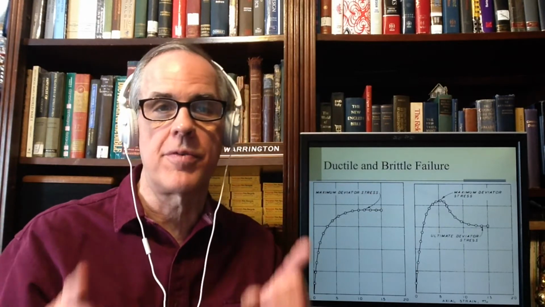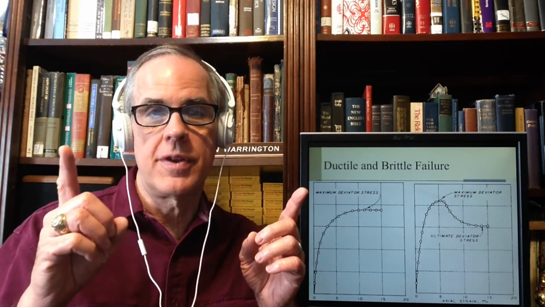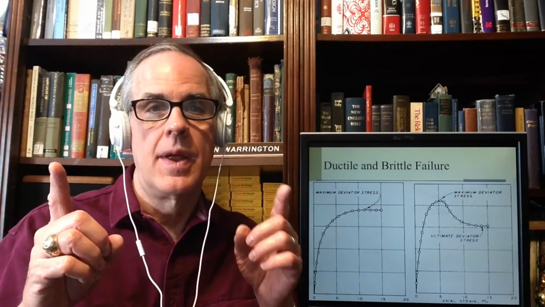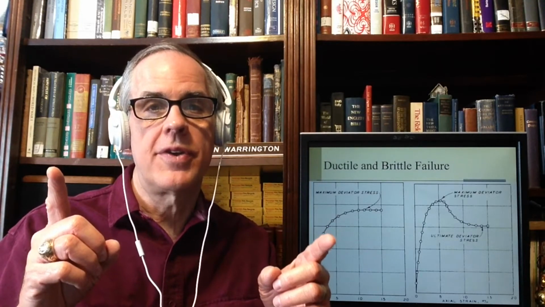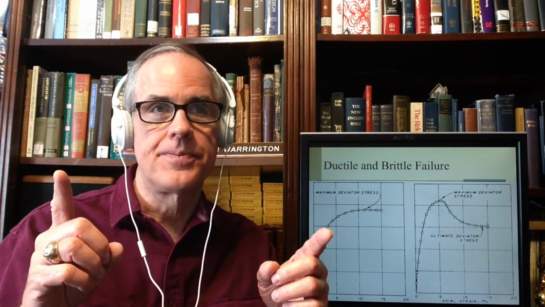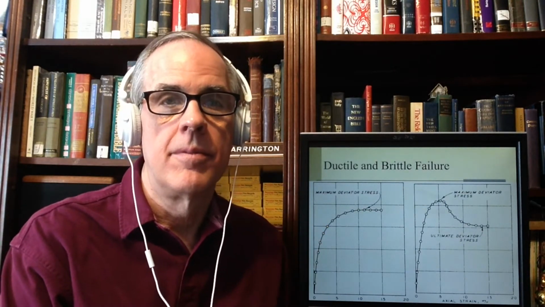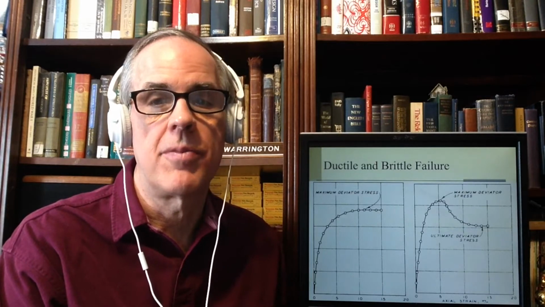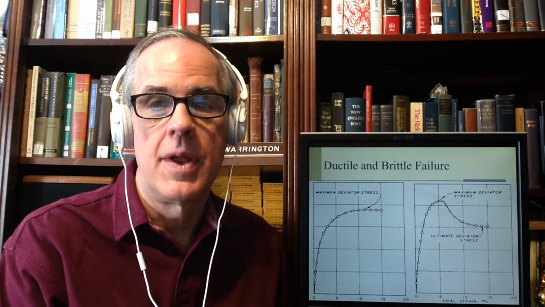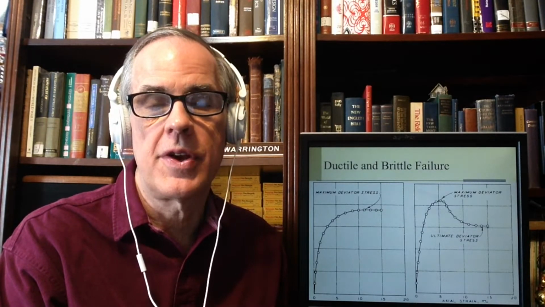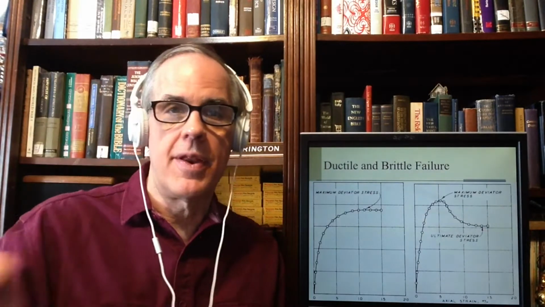And the deviator stress, if you recall, is the difference between the sigma 3 on the one side, which is the confining stress, and the maximum compression stress, which is sigma 1, and then it fails. With a ductile failure, you can actually get up to its top and then it comes back down.